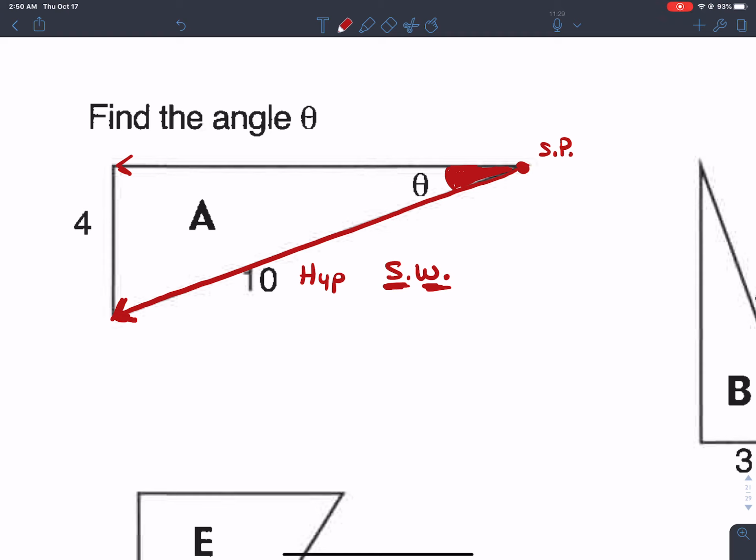You have one component that's pointing to the west. That's the thing that's at the top. You have one component that's towards the south. That's this thing right here. Those two components make up your resultant vector.